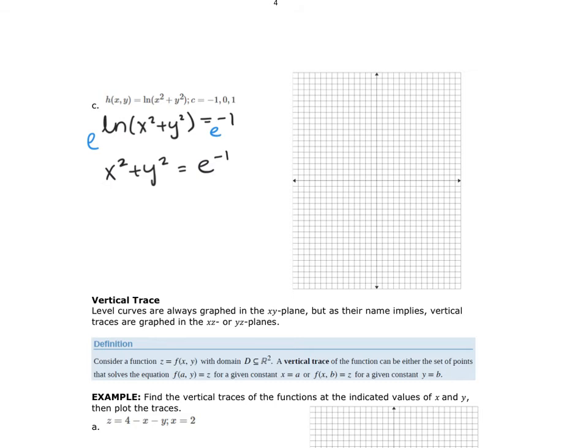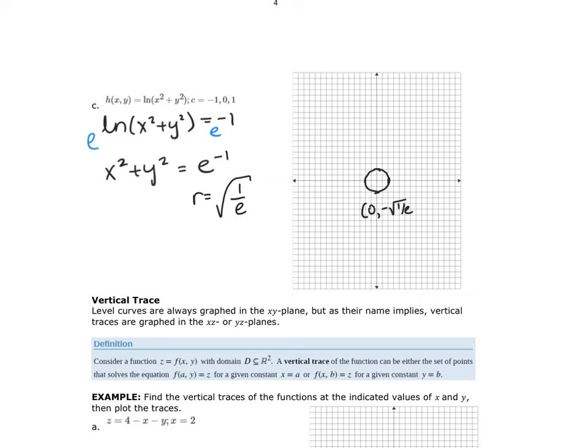So my first circle has a radius of the square root of 1 over e. To make my life easy, let's call this going out 2 in each direction. Let's call this ordered pair, I'll write it down here. This ordered pair is going to be 0, the square root of 1 over e. And so here's my first one.